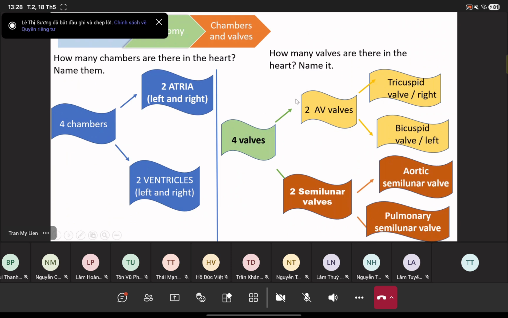The four heart valves are the AV valves and the semilunar valves. The tricuspid valve and bicuspid or mitral valve are the AV valves. Aortic semilunar valve or pulmonary semilunar valves.